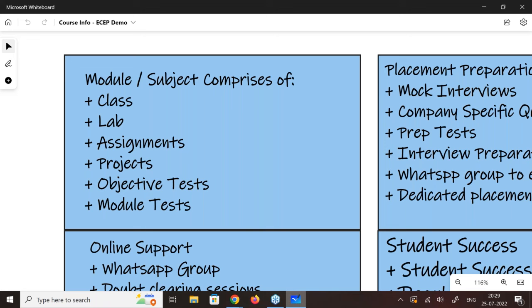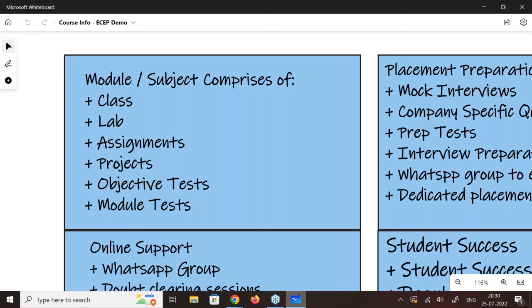And apart from that, we'll be giving objective tests as well as module tests. The objective test is mostly MCQ or multiple choice based questions, which will be given on a regular basis. This can be used for you to evaluate where you stand in terms of your understanding level. And when you attend interviews, you will be given similar questions. So we are making you prepare, we are making you ready for the interviews.